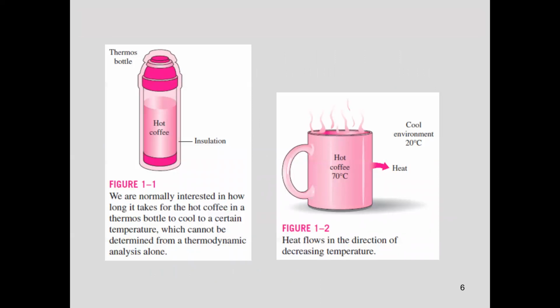One simple example would be the thermal flask, which generally has a layer of insulation around your hot coffee. The insulation helps in holding the temperature. Otherwise, if you don't have the insulation, it starts cooling off very soon.